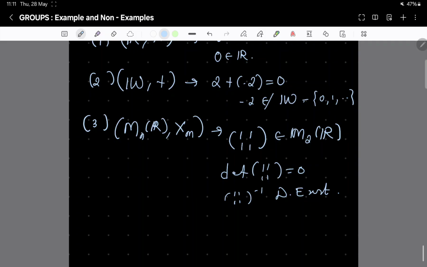Several things you can make like that. Okay. Next class we try to understand how finite groups can be constructed, right. Thank you.